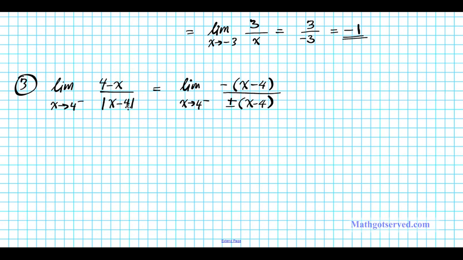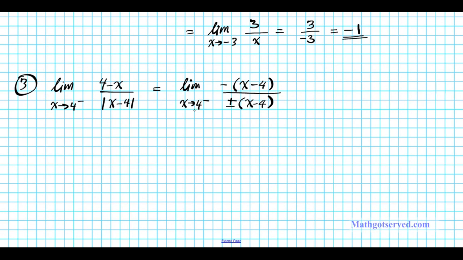Okay? And then the denominator, by definition of absolute value of x minus 4 is plus or minus parenthesis x minus 4. X minus 4 units to the left and to the right of whatever point you're looking at. Okay? Now, since we are approaching 4 from the left side, the value that gives the absolute value of x minus 4 is going to attain a negative value.